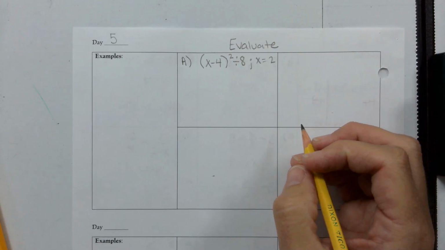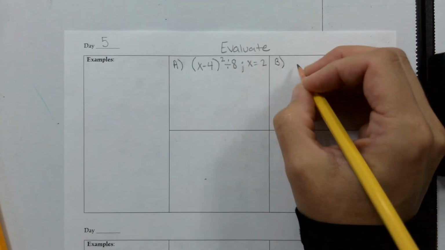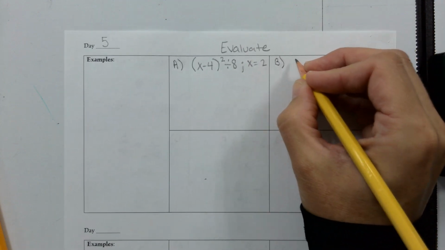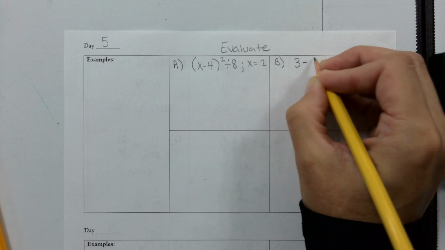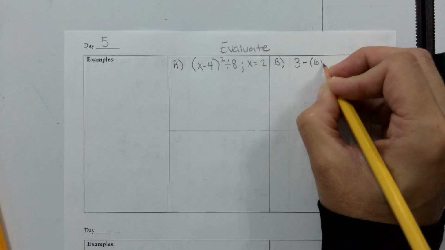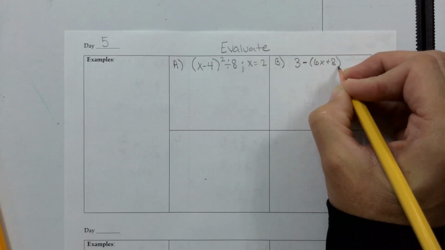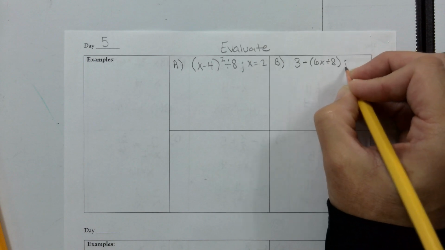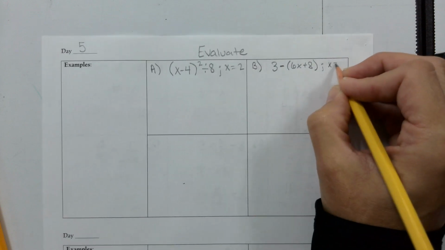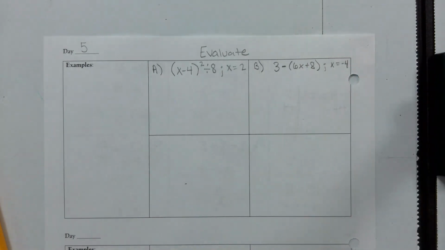Okay, when x equals 2. Letter B, the second expression is 3 minus (6x plus 8) when x is negative 4. Okay, those are the two problems.